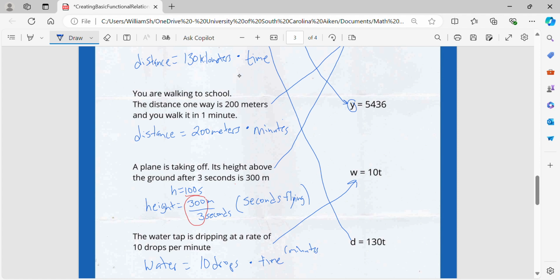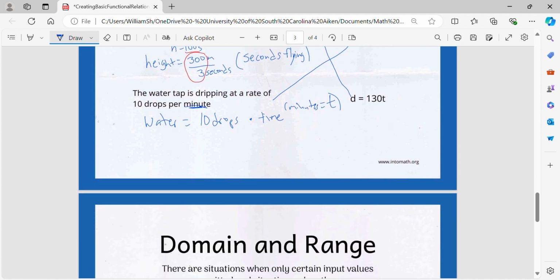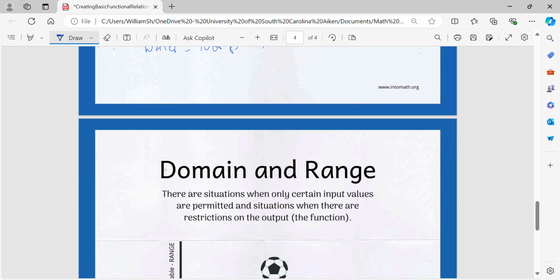We recorded our time in minutes, which is probably why they used T for time. So instead of using M for minutes, we decided to use T. Let me do a quick correction here. It's interchangeable. The letter really doesn't matter, but we definitely want to stay consistent with what is written. So here, minutes is represented by our T for time.